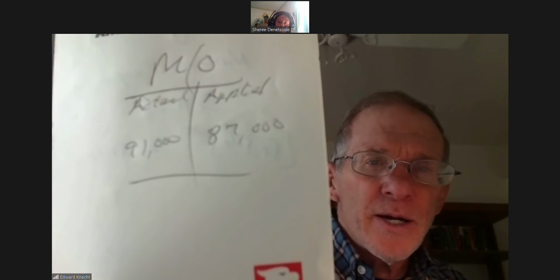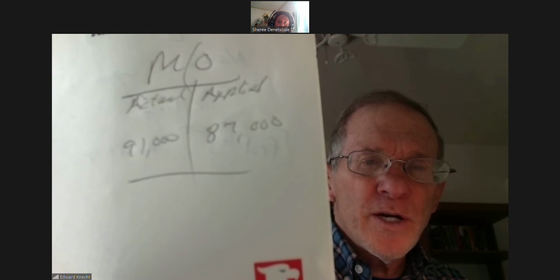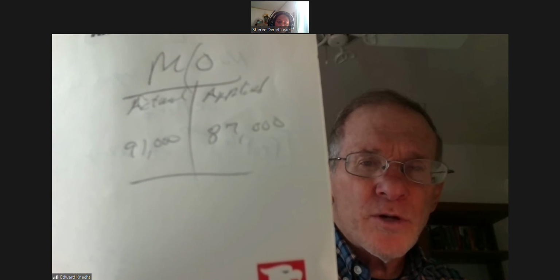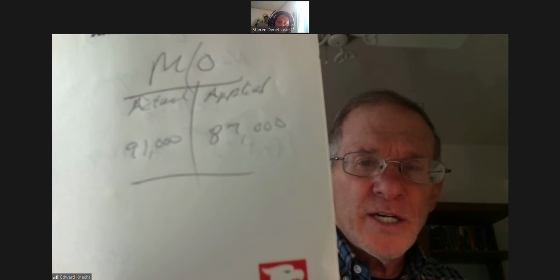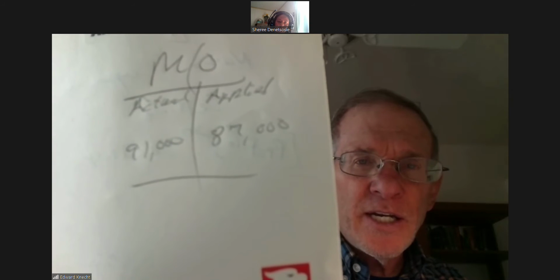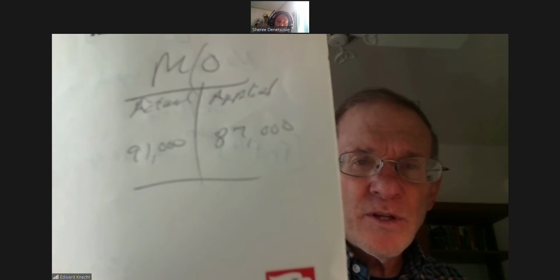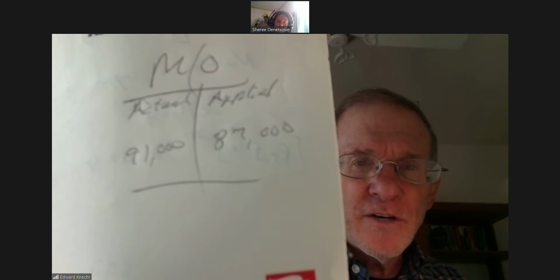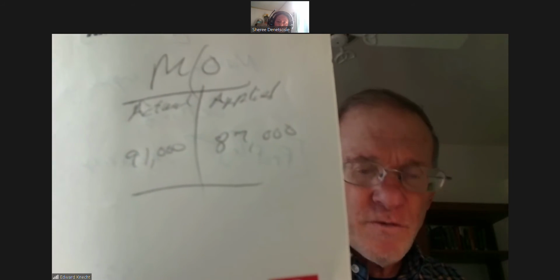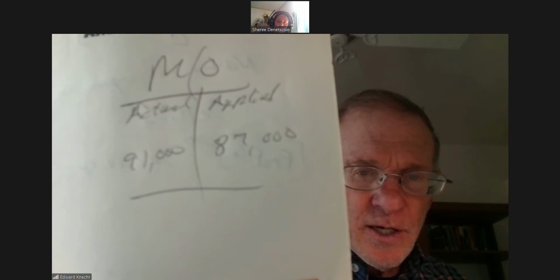Do you remember that? Manufacturing overhead, 91,000 was the actual cost. The applied amount was 87. So the 87,000 is on the credit side, isn't it? The 91,000 is on the debit side. The difference is, what's the difference? Is it $4,000?